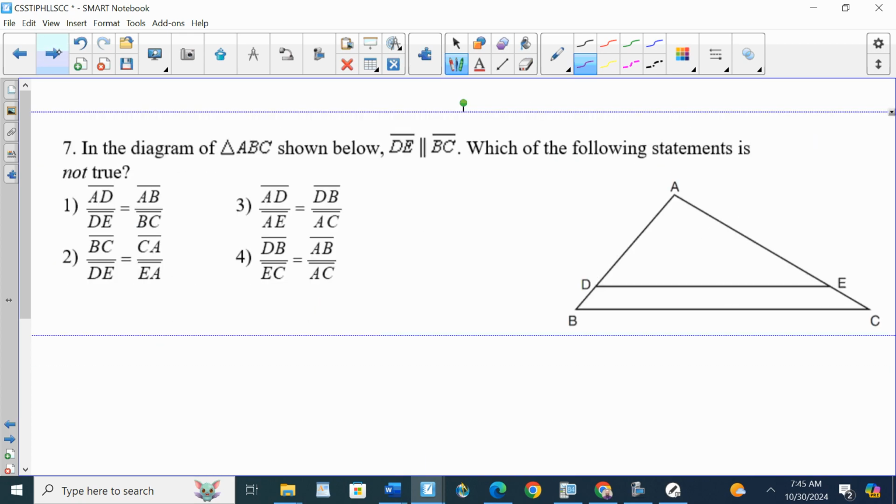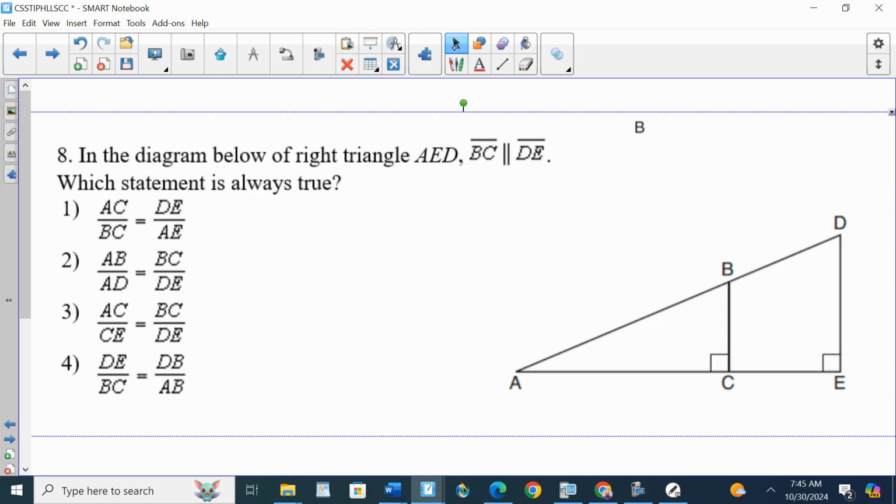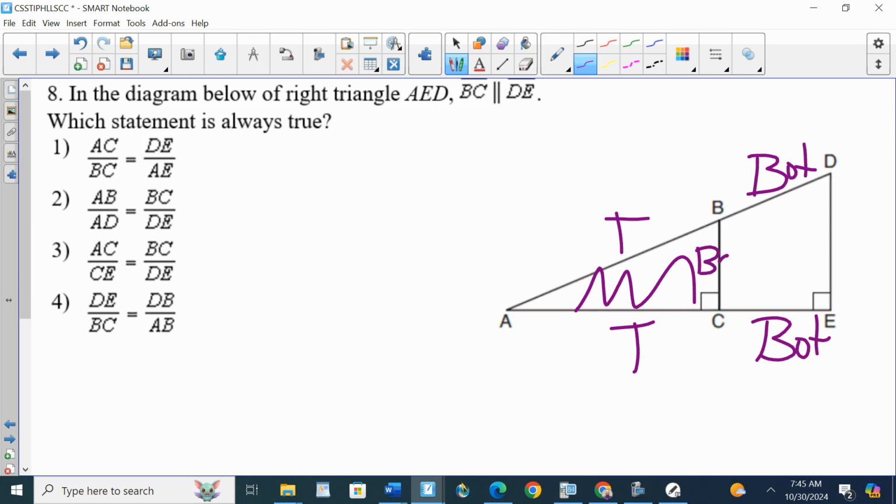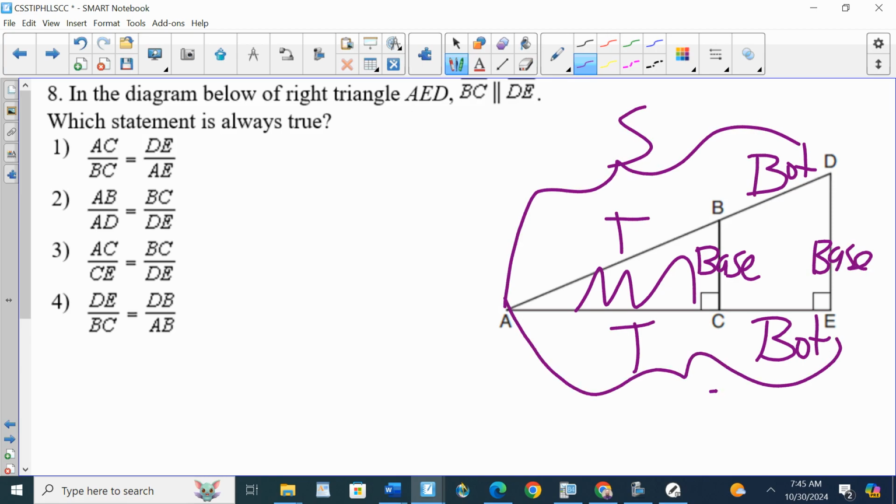Let's take a look at one more. Number 8. I've got top, top, bottom, bottom. Again, BOT, since base starts with a B as well. Base, base. Side, side. Choice 1: AC is a top over BC is a base. So at this point, when the bases are involved, I'm going to separate my triangles.